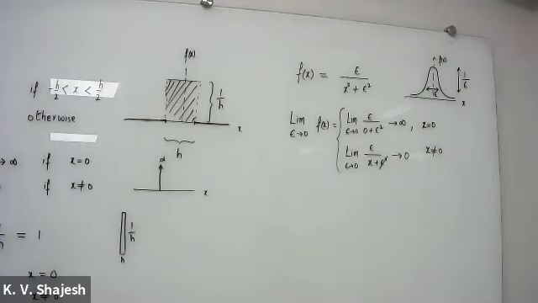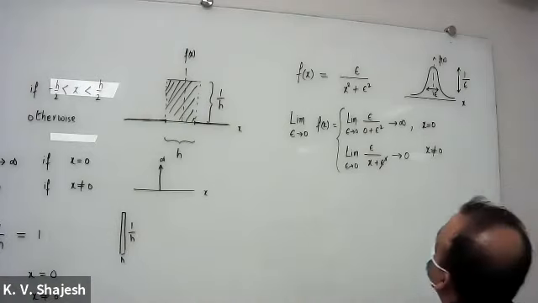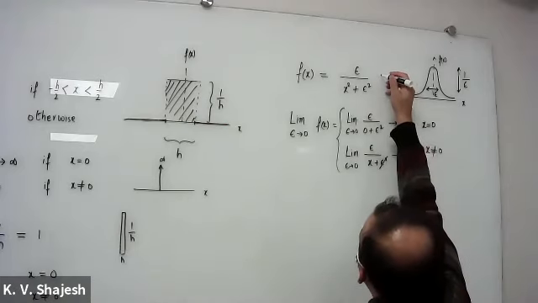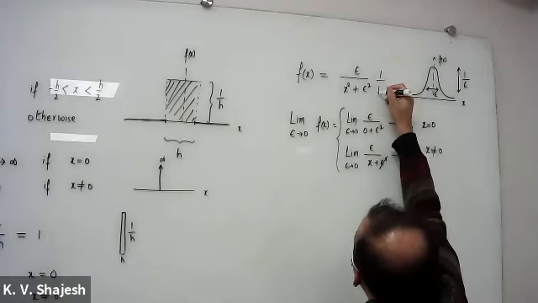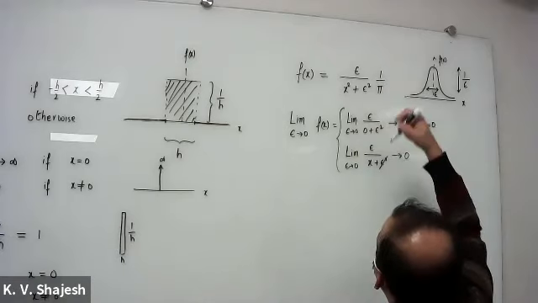But then we said we need to verify one more thing, and that is that its integral has to be equal to 1. And that reminds me, I think I need a constant here also. So let me put a 1 over pi in front of it.